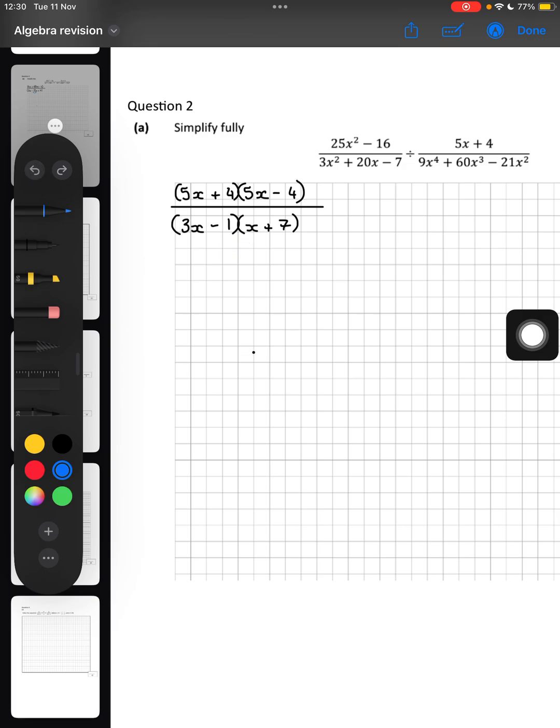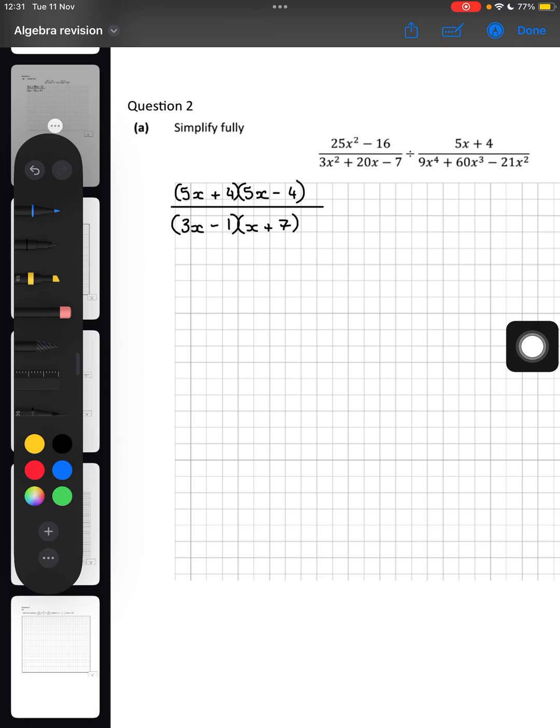And then I can do my x's together, so my 3x by x to give me my 3x squared, and my constants together to give me the constant at the end, so minus 7. Okay, so that is that factorised.